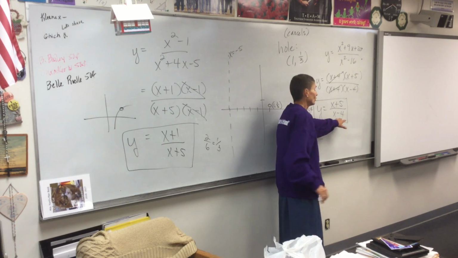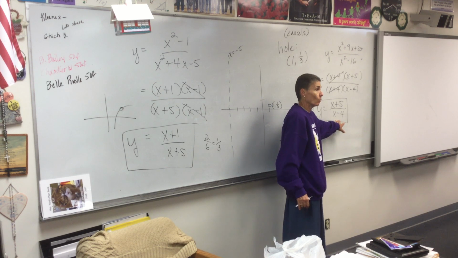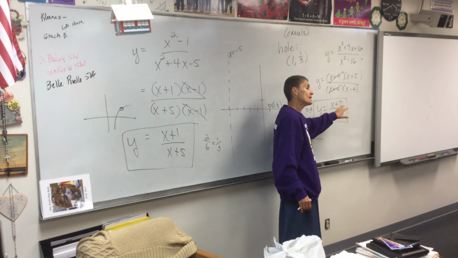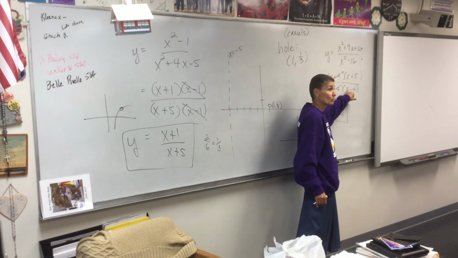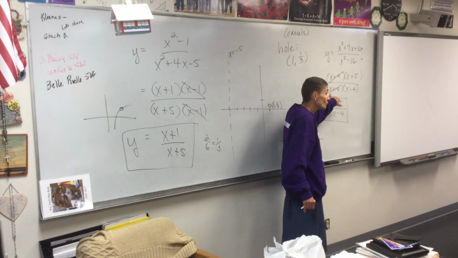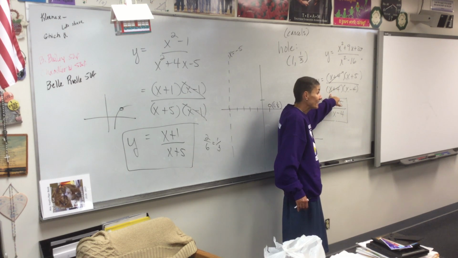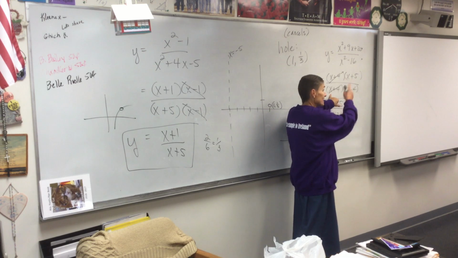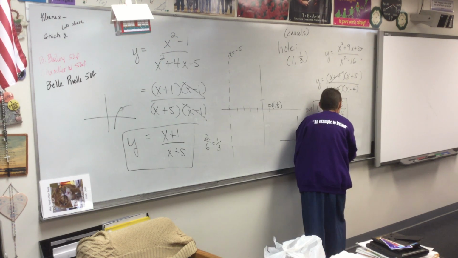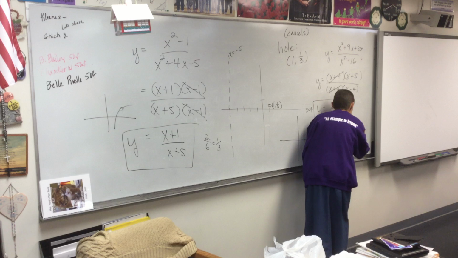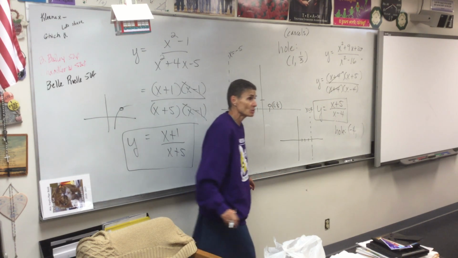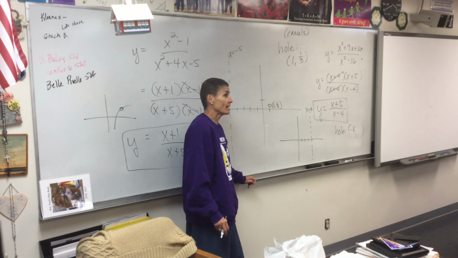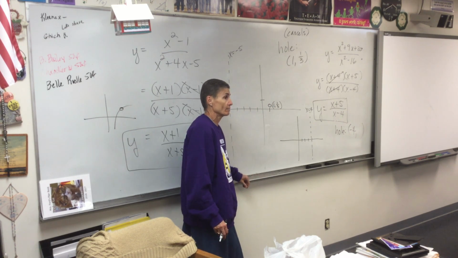You have a vertical asymptote at 4. In the original problem, you were going to have 2 vertical asymptotes, right? You were going to have one at 4, but you were also going to have one at -4. But that got canceled out, which means it's not an asymptote, it's going to be a hole. So instead of having an asymptote at -4, now we're going to have an open circle there.